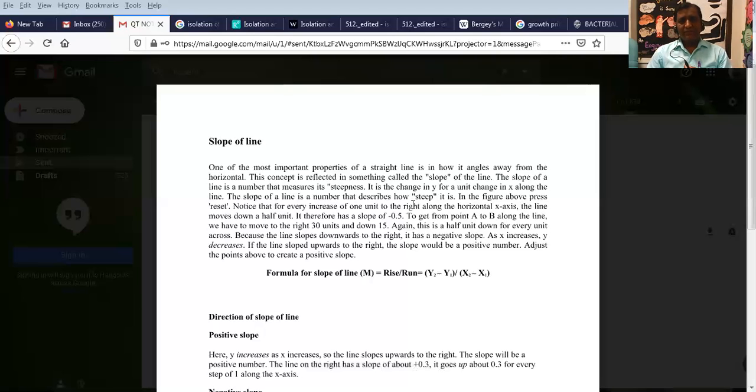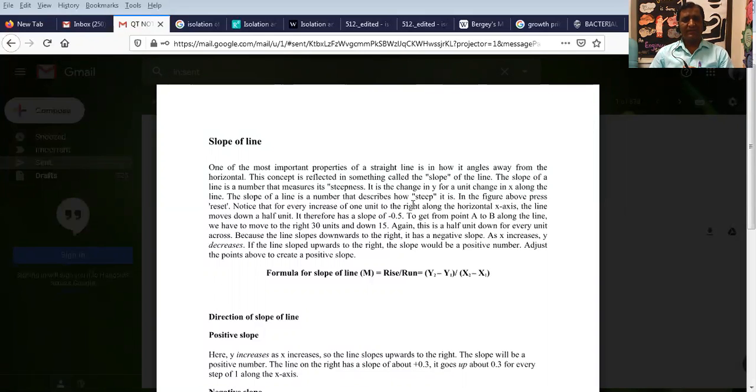One of the most important properties of a straight line is how its angle is away from the horizontal. This is called the slope of a line.